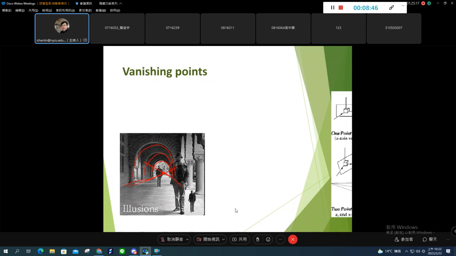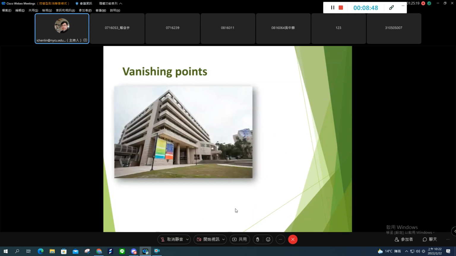And there are a lot of examples whenever you observe the real world, such as this, our library in Jiao Tong campus, right? Whenever you see this, you can see that those lines converge or intersect at some point.